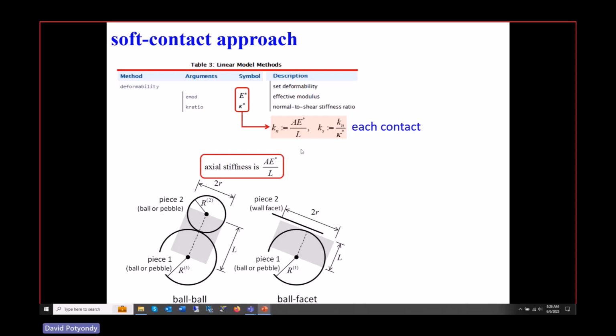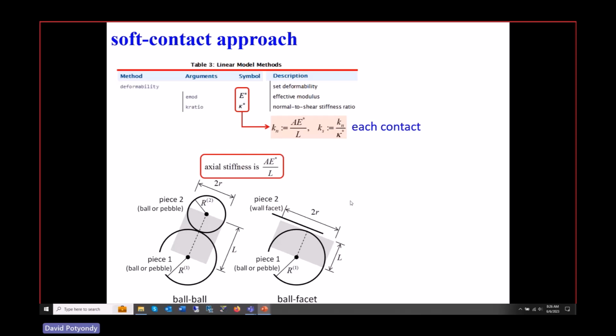One of the things we find, if we work through this, and I'll do some of this tomorrow, is that if you have a collection of 3D spheres, okay, and if you do this for choosing Kn, the overall macroscopic modulus you measure will be very close to E star.